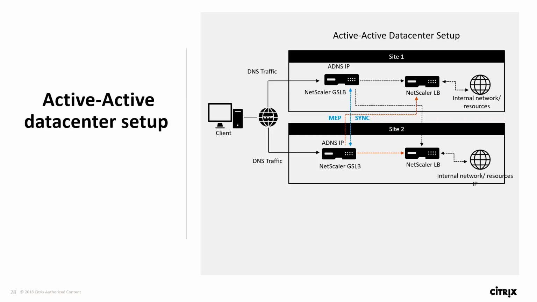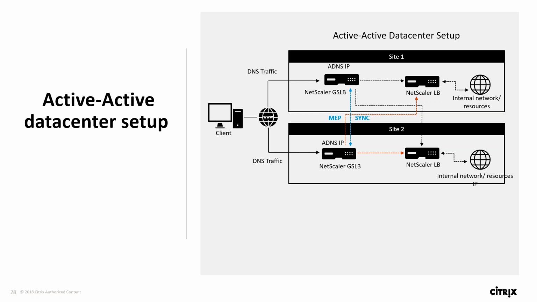In an active-active data center setup, both the NetScaler appliances and services, and the network traffic for the domains for which the appliance is authoritative, are active to ensure that the data is consistently available at each distributed data center. Active-active data center setup. If Site 1 receives the client request, the GSLB virtual server in Site 1 selects a load balancing or content switching virtual server and sends the virtual server's IP address to the DNS server, which then sends it to the client.